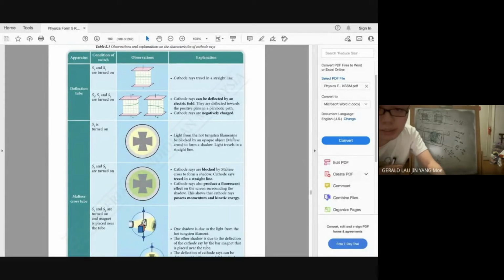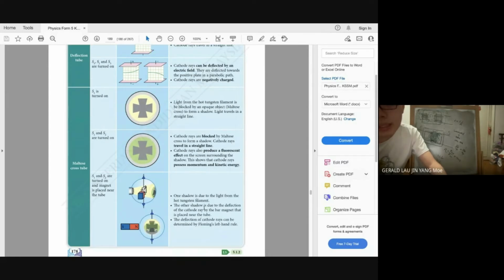Light from the hot tungsten filament is blocked by an opaque object, the Maltese cross, to form a shadow. When I turn on S2, the cathode ray will form. Cathode rays are blocked by the Maltese cross to form a shadow. Cathode rays travel in a straight line. Cathode rays also produce a fluorescent effect on the screen surrounding the shadow. This shows that cathode rays possess momentum and kinetic energy.